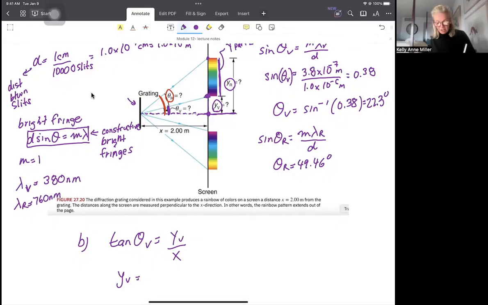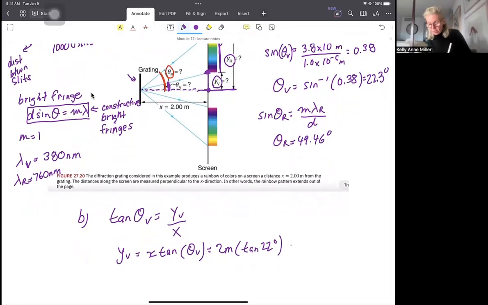So YV is just going to be x times the tangent of that angle, which I calculated in part A. So that's 2 meters times the tangent of 22 degrees, and that equals 0.815 meters.